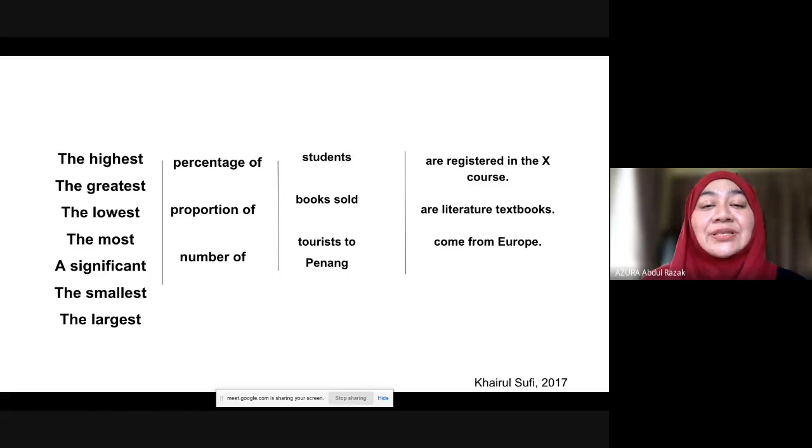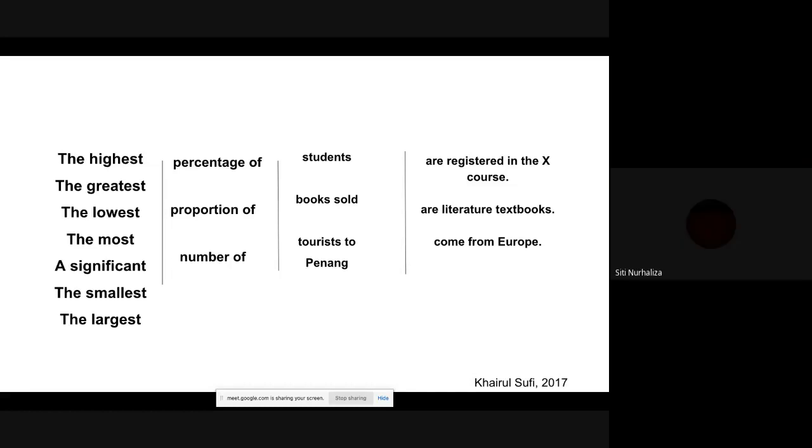Okay, now look at this. The highest percentage of students are registered in the X course. The greatest proportion of books sold are literature books. Or you can say the lowest proportion of books sold are literature books. Now, when you look at these, what are they? Are they superlatives or are they comparatives? Superlative. Yes, that's right.